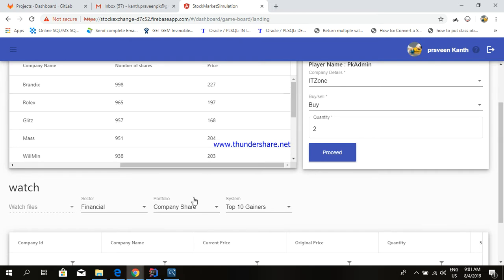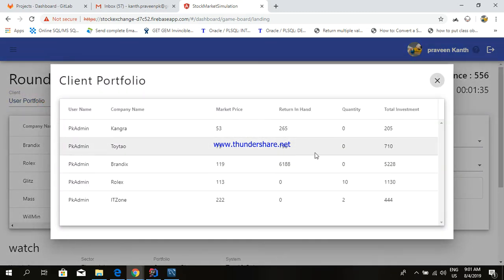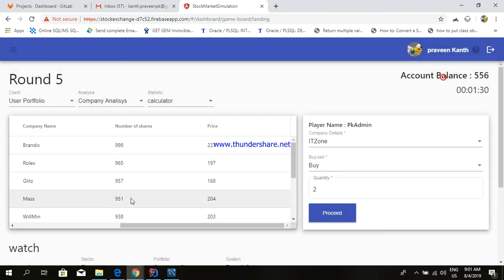Yes, I can see Brandix has a higher quantity, but unfortunately I don't have any Brandix. I have 10 Rolex. Rolex has the second highest price, so I will sell 8 shares of Rolex and keep two.